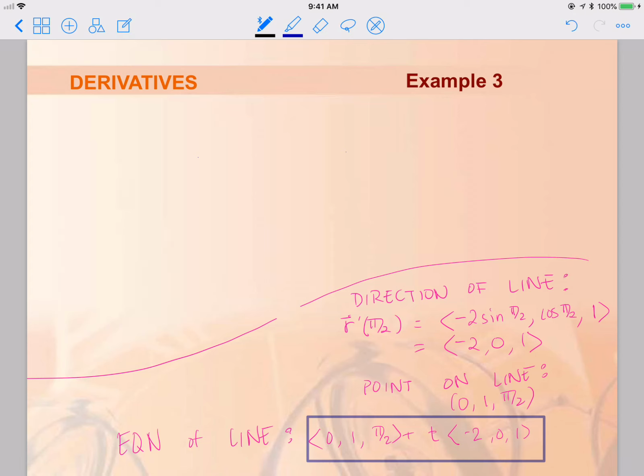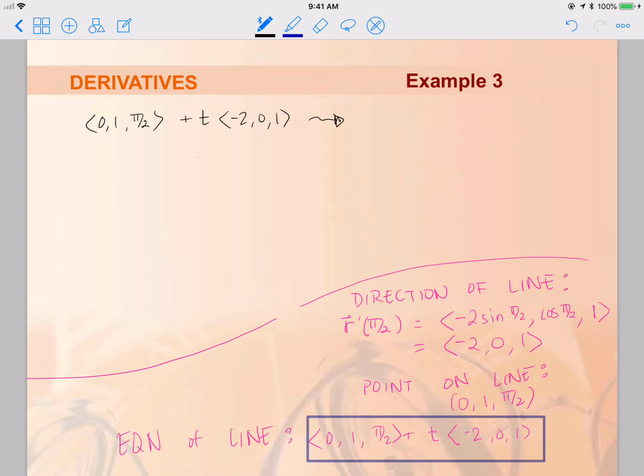So let's see here. So here's how I like to do this. Plus t times -2, 0, 1. I don't need to do symmetric. I just need to do vector.